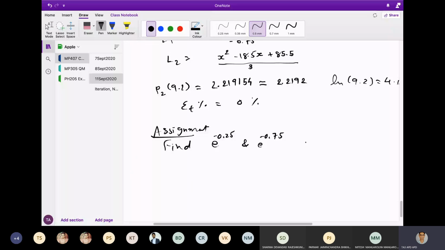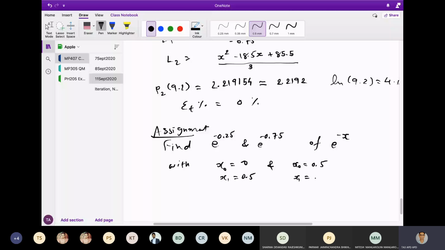I'm not writing the whole thing. Find these two values by Lagrange interpolation of e raised to minus x, with x0 equal to 0 and x1 equal to 0.5 for the first, and for the second you will have x0 equal to 0.5 and x1 equal to 1.